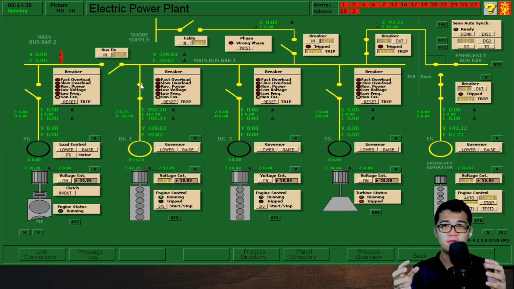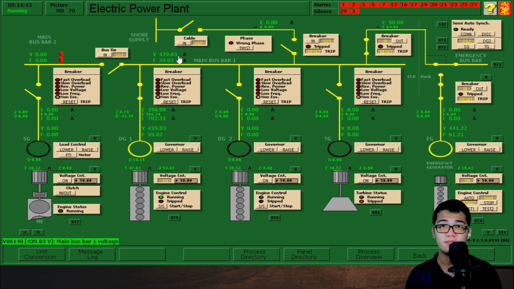But for a ship, since the area to distribute to is not that large, no step-up happens. So we bypass transmission and automatically go to the distribution part.